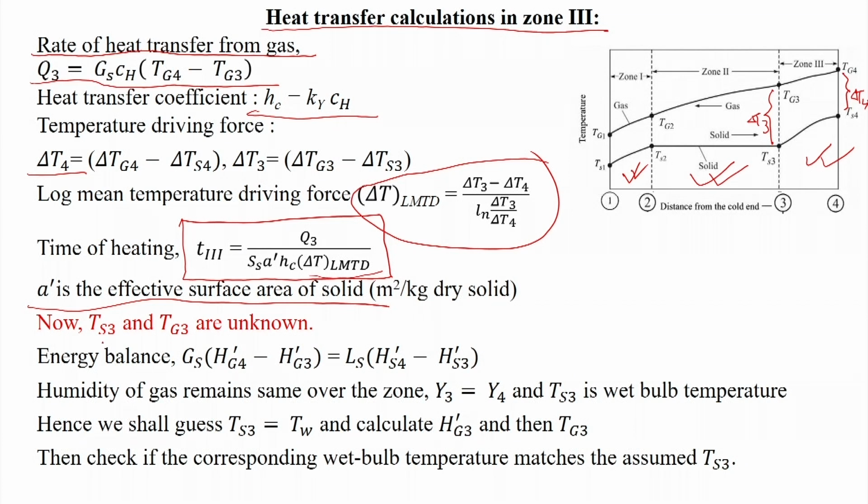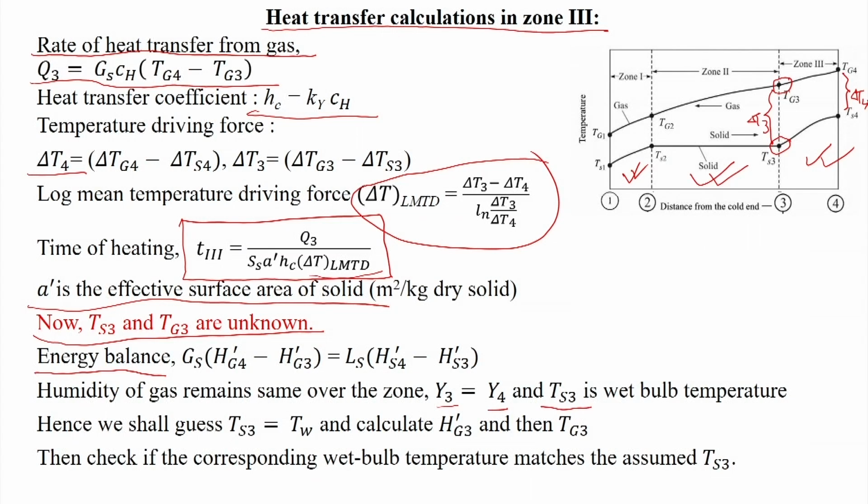Now, we see here Ts3 and Tg3 both are unknown. We need to find out this Ts3 and Tg3. For that we need to do the energy balance in this zone, that will be Gs into Hg4 prime minus Hg3 prime is equal to Ls into Hs4 prime minus Hs3 prime. The humidity of the gas remains the same over the zone, because we said that Y3, Y4 are the same, as after that no drying takes place, and Ts3 we can take as the wet bulb temperature.